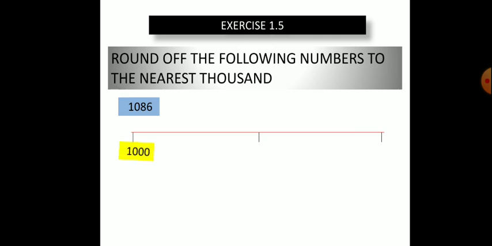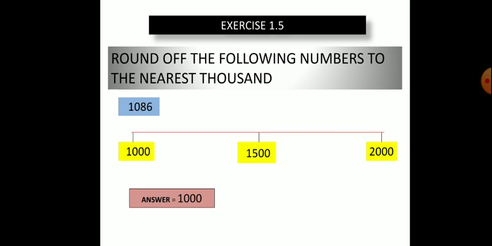So that is 1000 and 2000. And the mid number is 1500. Now if we see this number 1086, it is smaller than 1500. So it will round off towards 1000. So the answer will be 1000.